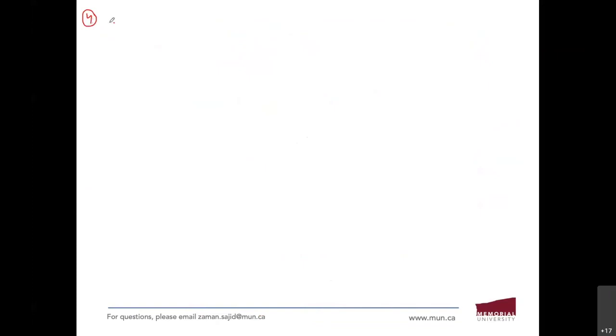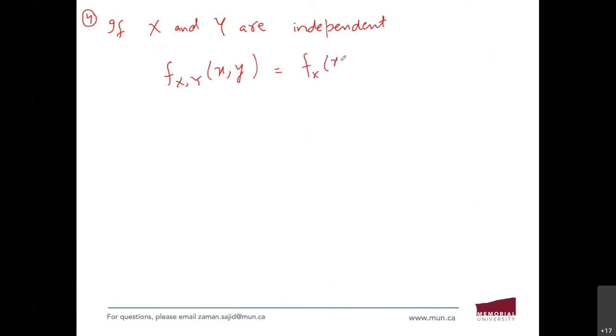As I mentioned earlier, if x and y are independent, then your joint probability distribution should be the product of your individual probabilities. This is what we are going to check now.